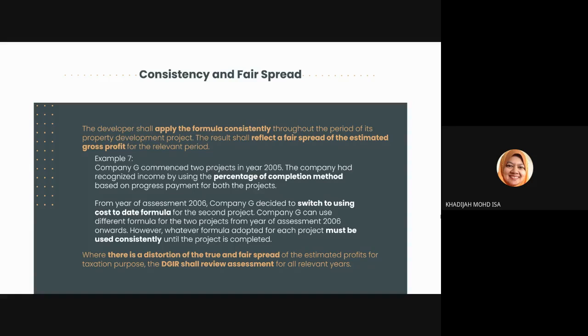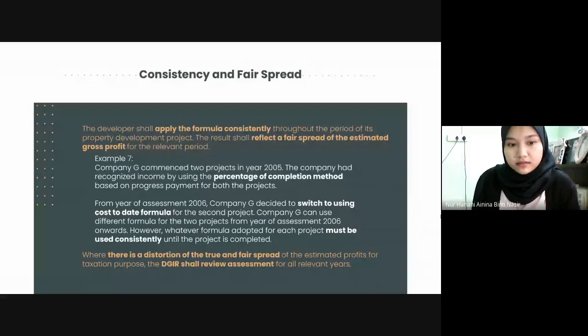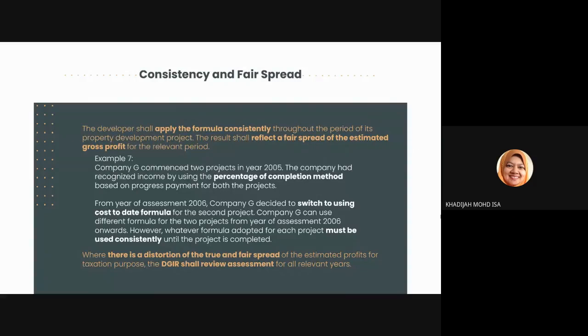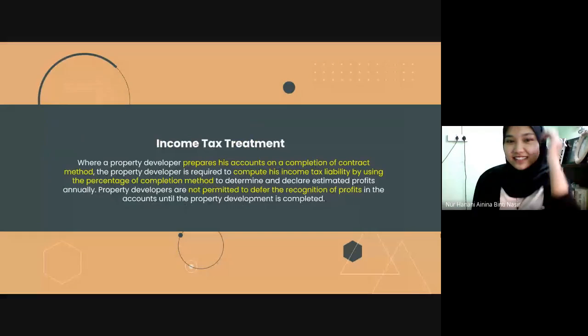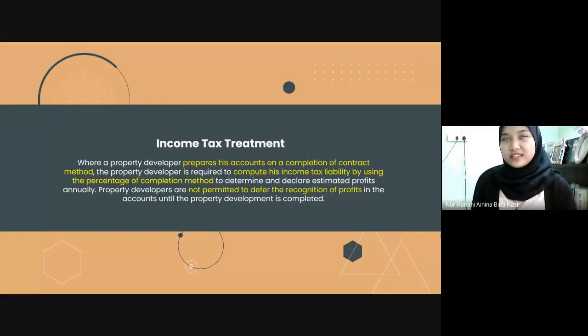Alright, so that's why you do have all the methods, but they have to control. Otherwise, company will manipulate. So that's why bila you change the method, the tax authority will review the assessment to make sure that whatever method that you use, the spread of the profit is equally lah, fairly. Right? Okay, Doctor.